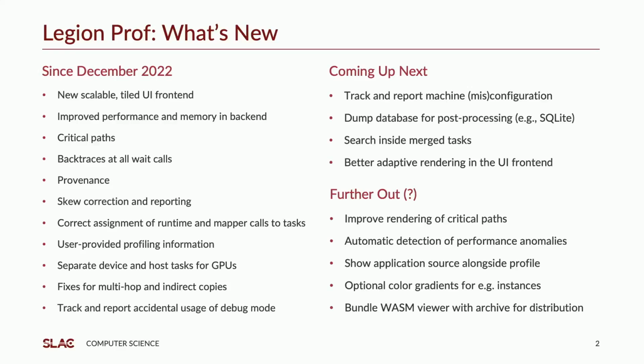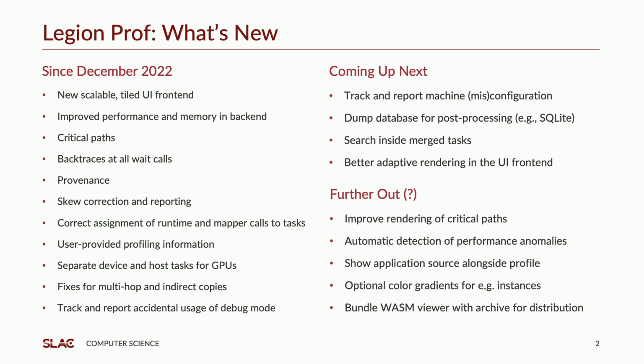We have Mike put in a whole bunch of effort to figure out exactly, when you're calling into some sort of a runtime call, correctly identifying which task that's associated with. And some user-provided profiling information, and actually reporting what the kernels are doing in your GPU as opposed to just the host code, and a whole bunch of fixes for other stuff.